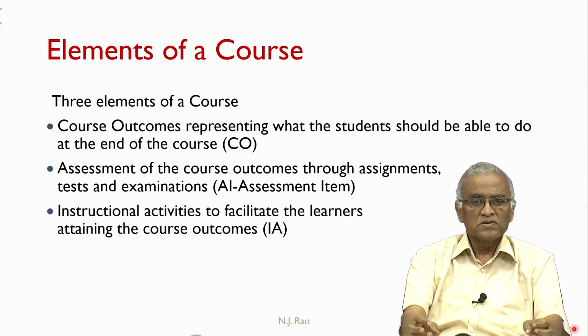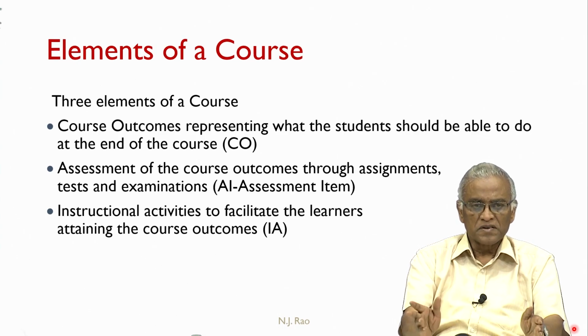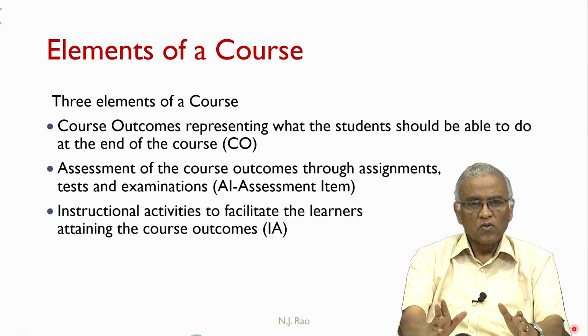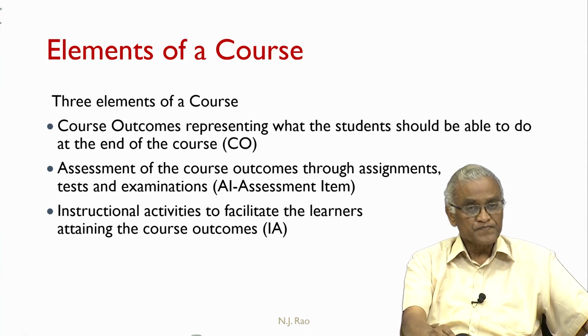How we organize those instructional activities is the choice of the teacher, and it also depends on the nature of the subject. These instructional activities we represent by IA. So, these are the three elements of any course: course outcome, assessment items and instructional activities.